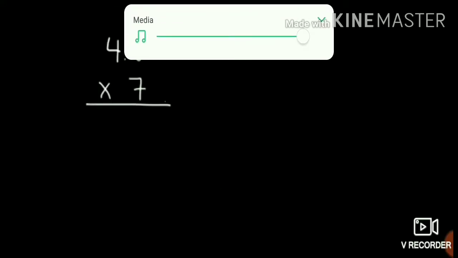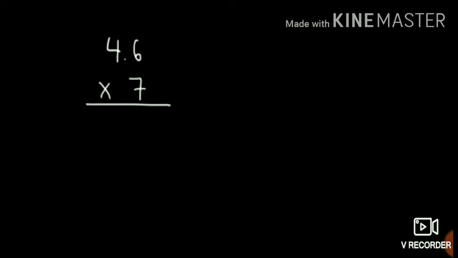So the first example is 4.6 into 7. How do you multiply here? You multiply 6 into 7, and the carry is 4. Next, 4 into 7 plus 4 is 32.